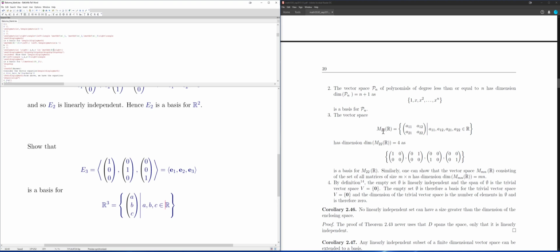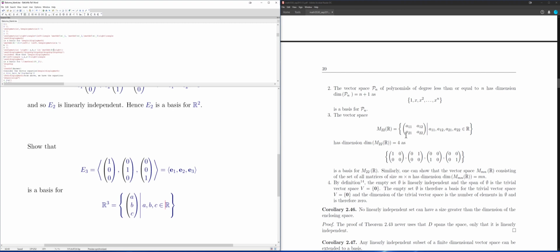In your vector space of 2 by 2 matrices, the vector addition is standard matrix addition, and the scalar multiplication is multiplication of a matrix by a scalar.